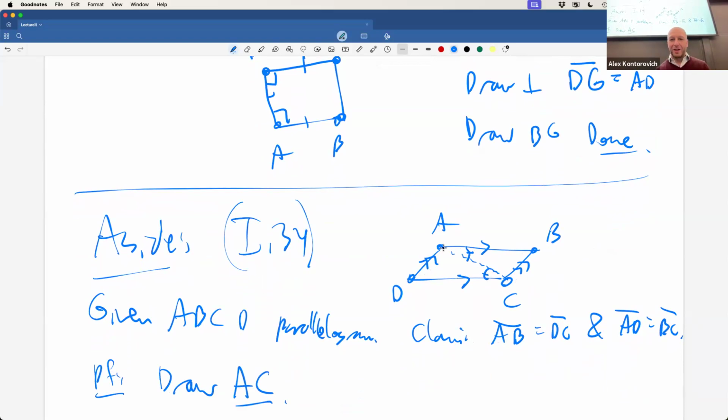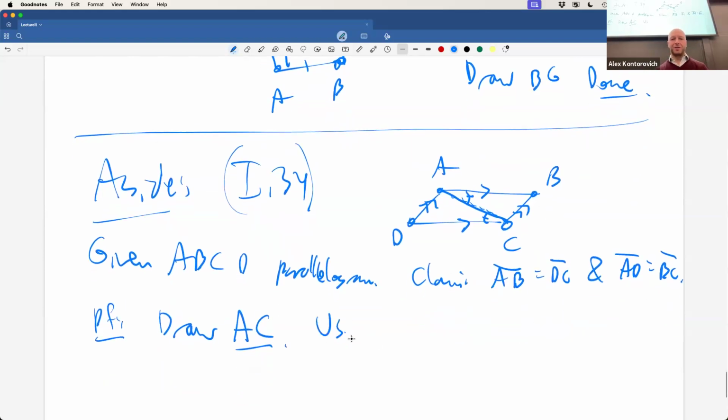And this length is common to both. And so you're going to use side angle side. I'm skipping a lot of steps. To do this really precisely, as you saw, takes some effort.